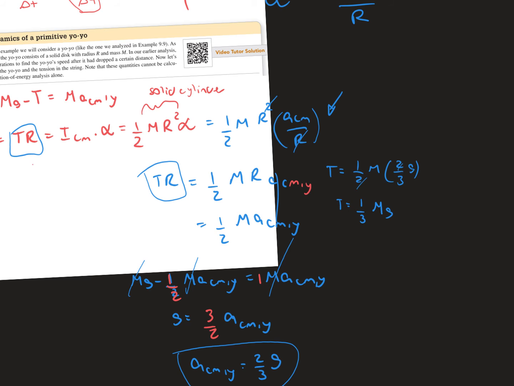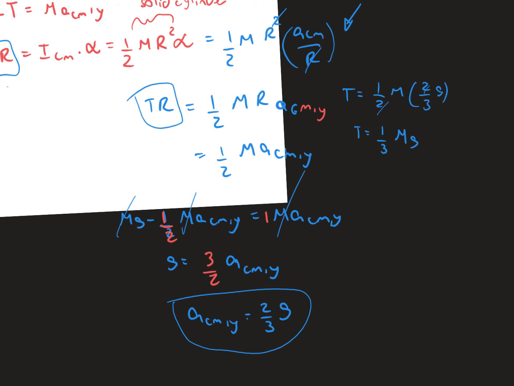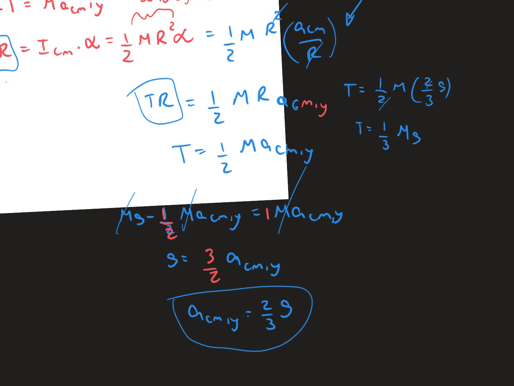As we continue solving for the tension, which is the unknown in this case, it is going to be 1/2 times the mass times the radius times the acceleration of the center mass in the y direction. And that should give us that T is equal to 1/2 the mass times the acceleration of the center mass.